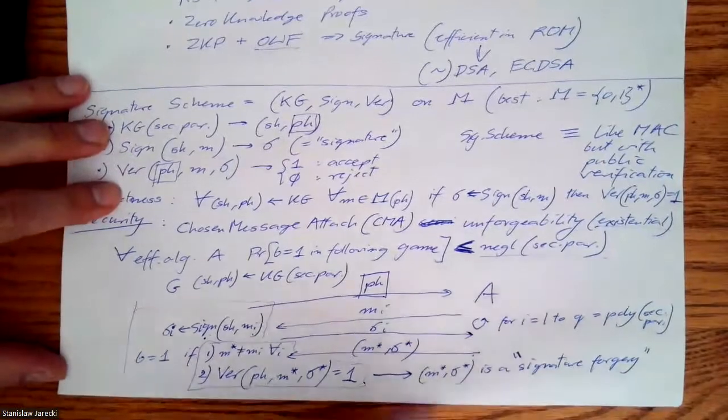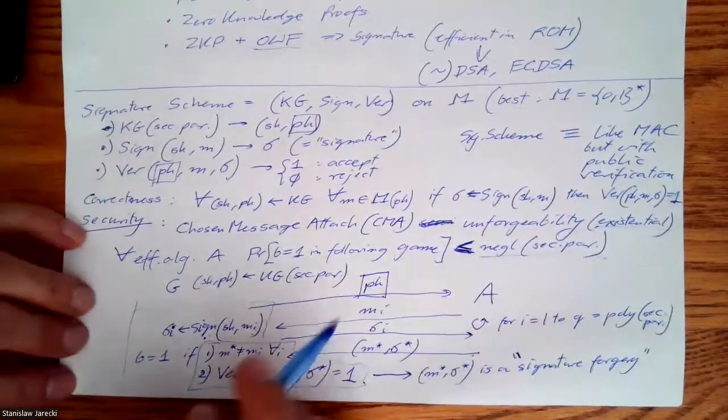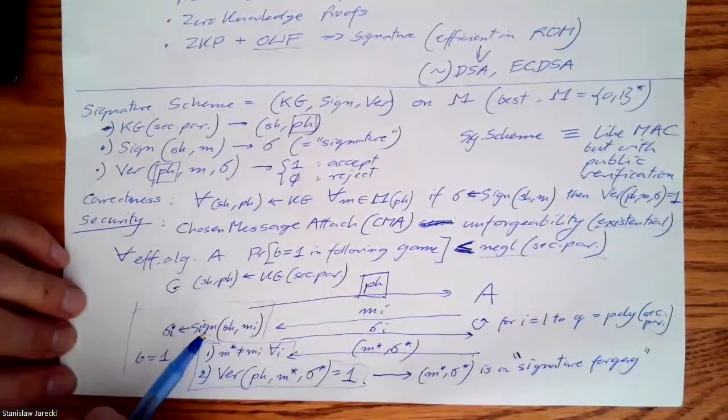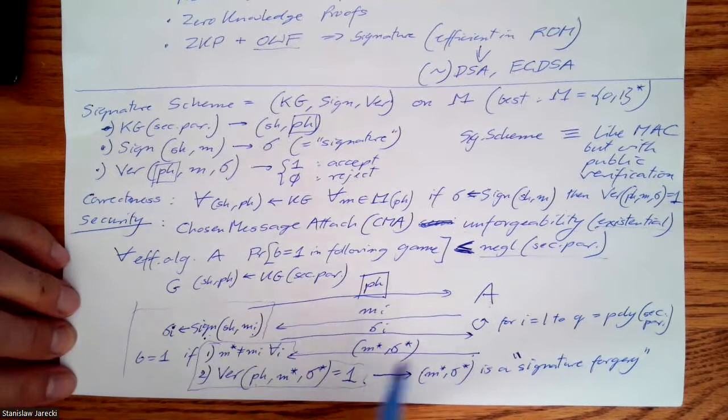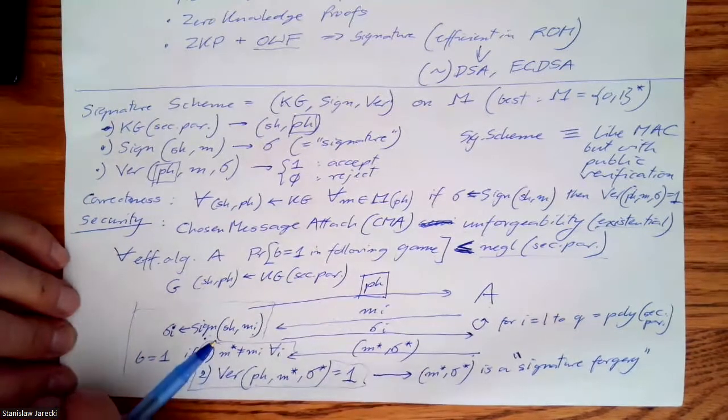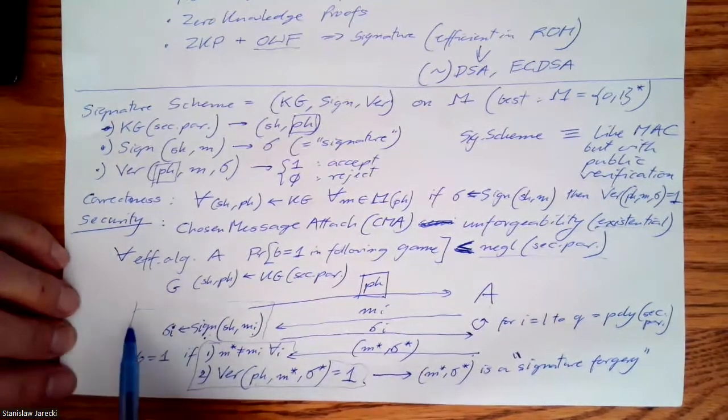So for a while, people thought it was almost like a contradiction that a proof of security of any signature scheme could survive this, because look what the proof would have to do.